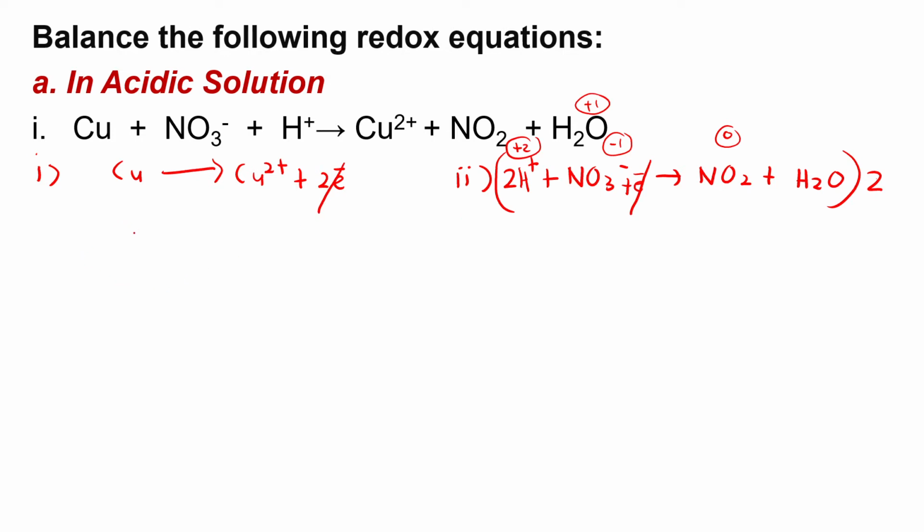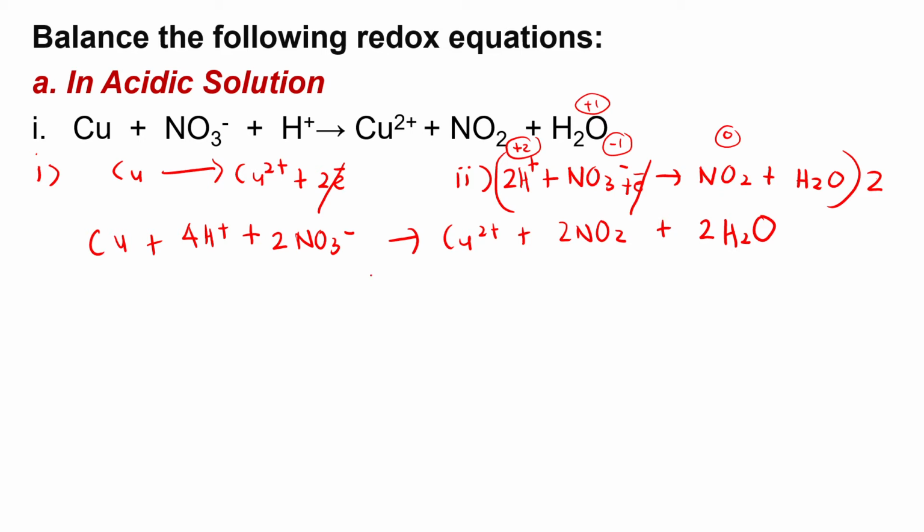So the overall equation is Cu plus 4H+ plus 2NO3- produce Cu2+ plus 2NO2 plus 2H2O.